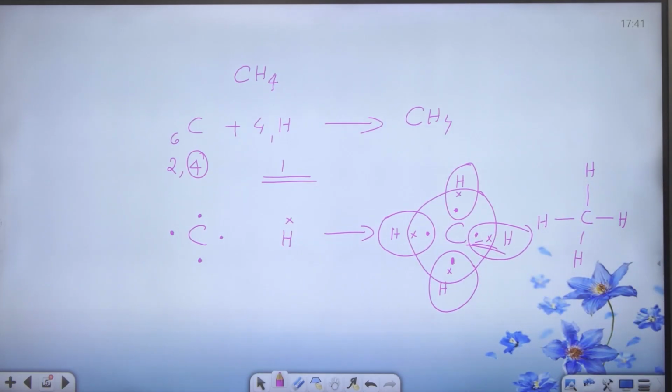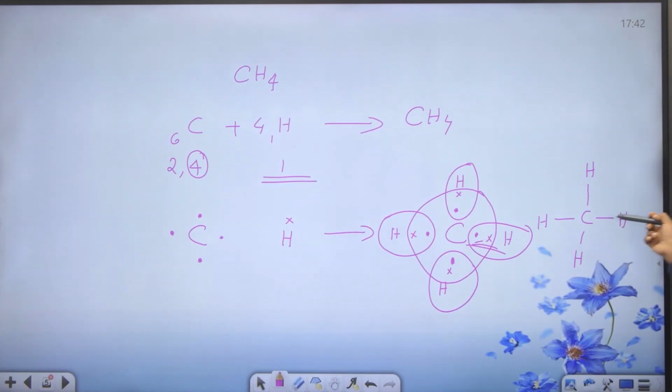So the structure of CH4 is C single bond H, single bond H, single bond H, single bond H. The number of bonds between carbon and each hydrogen is only 1, so the 4 bonds are single bonds.